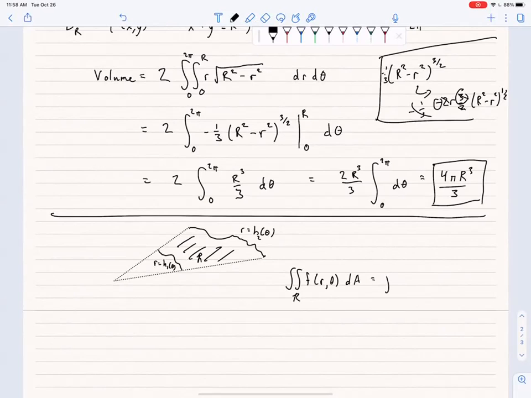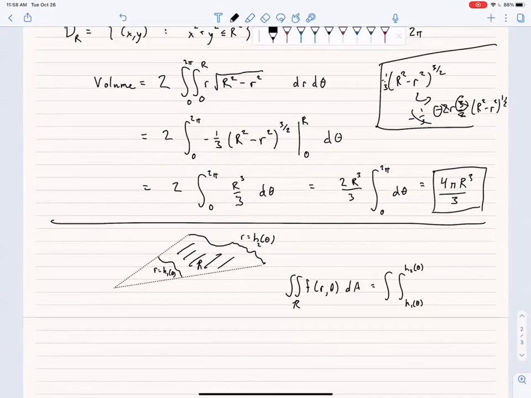Then you just bound your radius now with these functions. There are a couple of problems in the exercises like this. Let's say this is alpha and this is beta. All I'm saying is you can do this kind of integration over more general regions than polar rectangles.